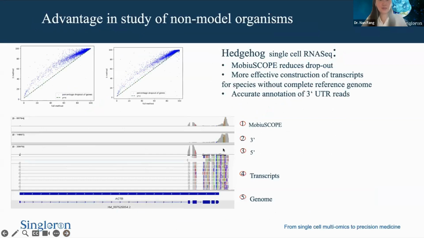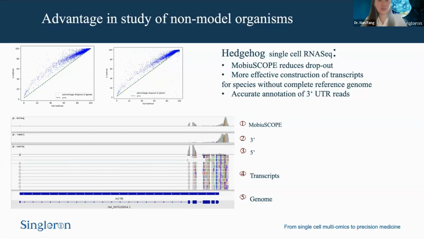And this would really be helpful if we would go ahead and study a non-model organism, such as in this case, hedgehog. And with the single-cell sequencing data here, with the reduced dropout rate, we could more effectively construct the transcript from the 5' to 3' ends, and also including the UTRs on both ends.